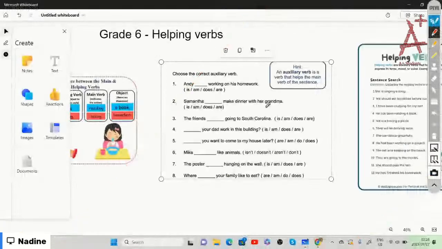And if we choose the correct one, then we will say it is. So Andy is. Remember, when it is singular, say for example Andy, that shows one person, then we will use words like is.